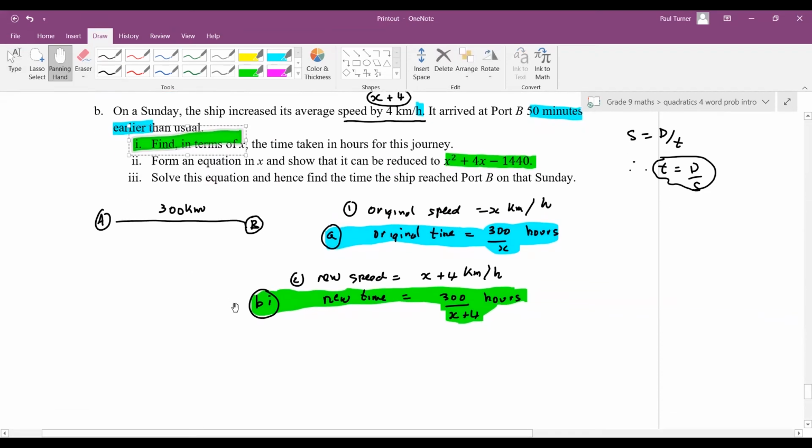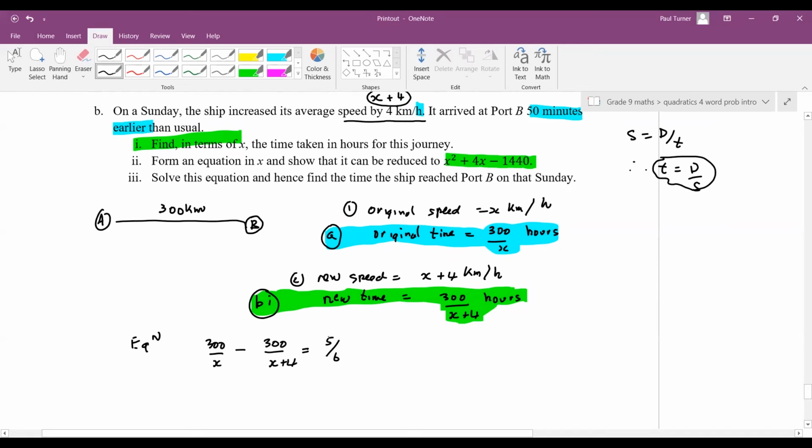So we're going to have the difference between the original time and the new time. So our equation will be 300 on X minus the new time, which is 300 on X plus 4. And that will give you 5/6 hours, because these are in hours, these are in hours.